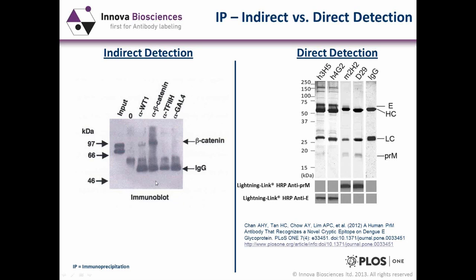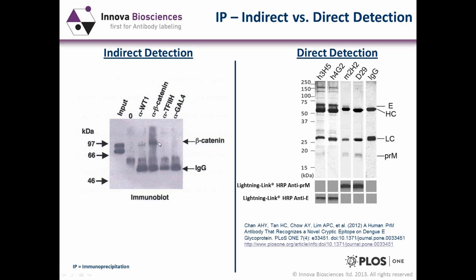At the time there weren't a lot of beta-catenin antibodies available, so I couldn't pull down with one beta-catenin antibody raised in one species and then reprobe with a different beta-catenin antibody raised in a different species. I had to pull down with the beta-catenin antibody, and then reprobe with the same antibody, and use the same secondary antibody.